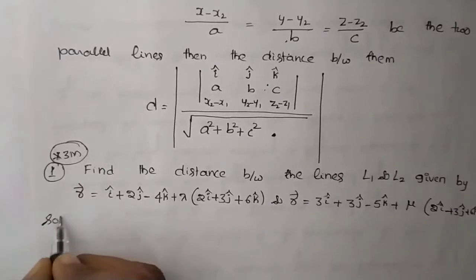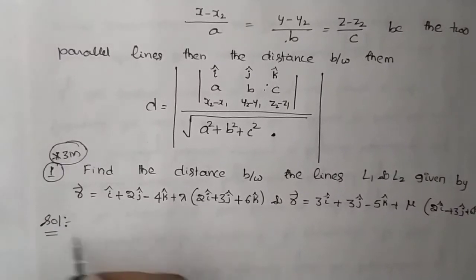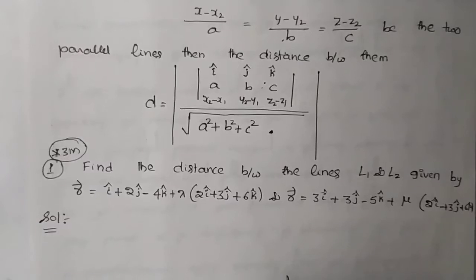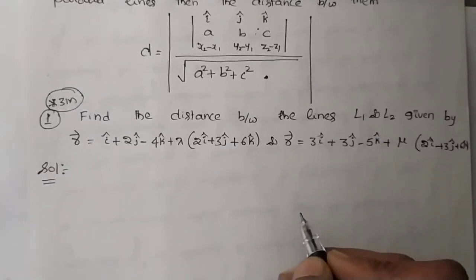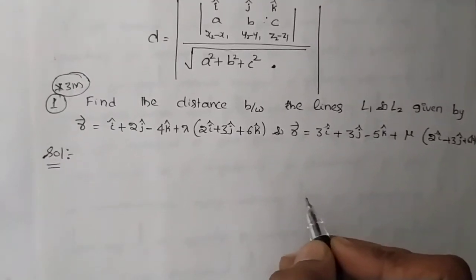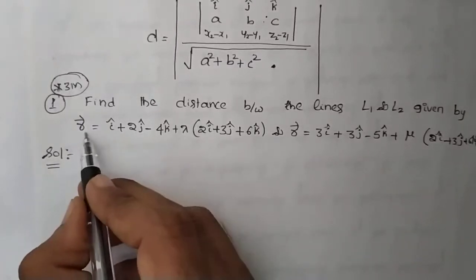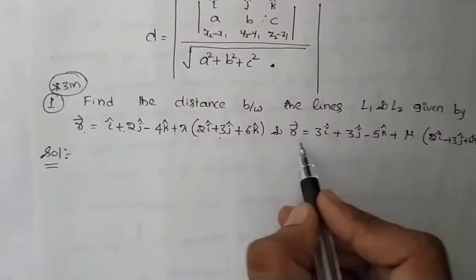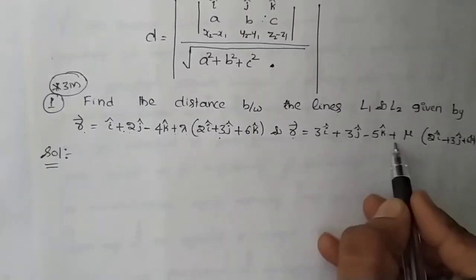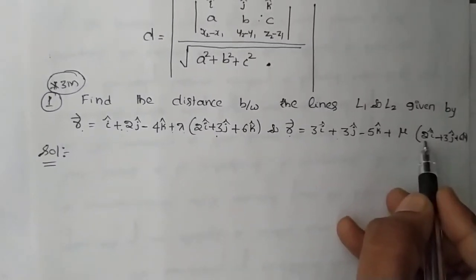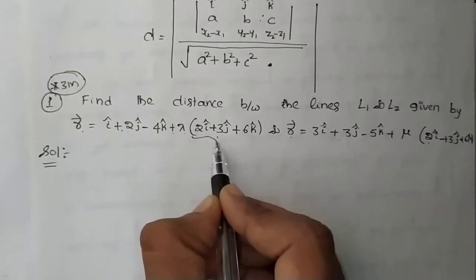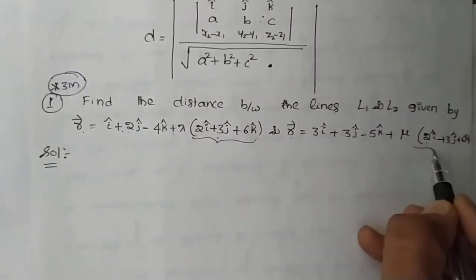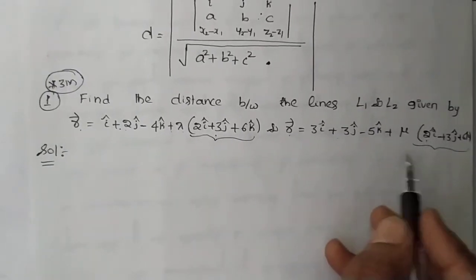Okay, so these are the two parallel lines. We have to find the distance between the parallel lines, right? You just observe the lines: r vector equals a1 plus lambda b vector, r vector equals a2 plus mu b vector. You just see these vectors are the same, which is nothing but the parallel vector.